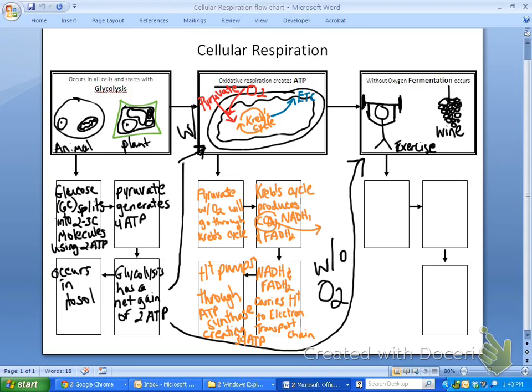So again, the pyruvate does not have oxygen. Remember, we just got done with glycolysis, and we're like, oh wait, we don't have any oxygen. So pyruvate without oxygen will go through fermentation.